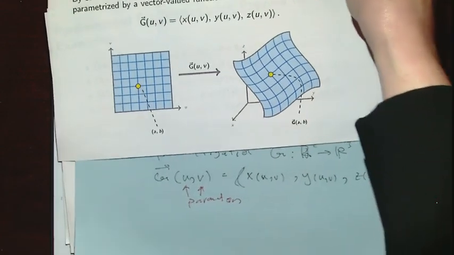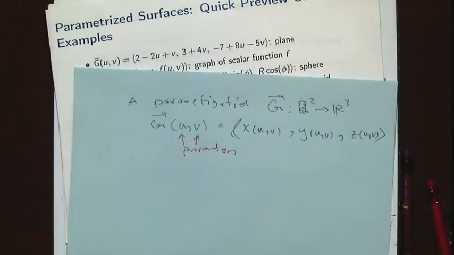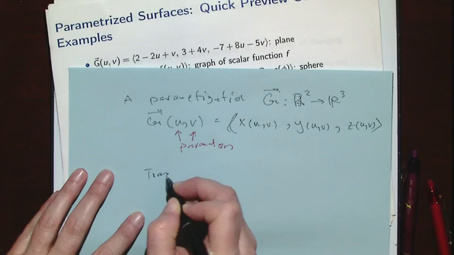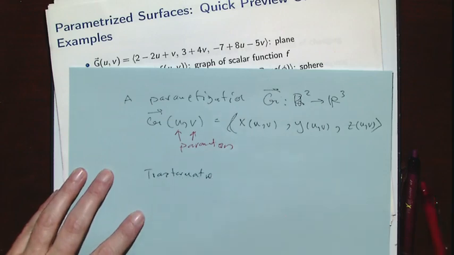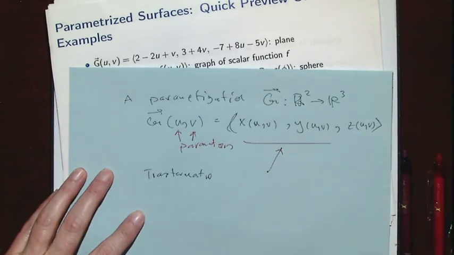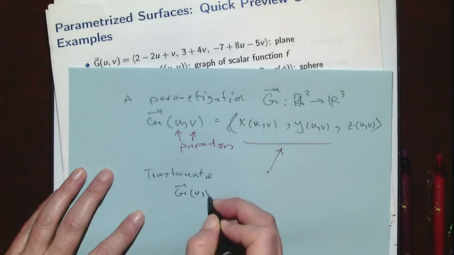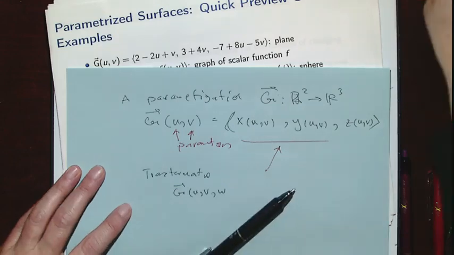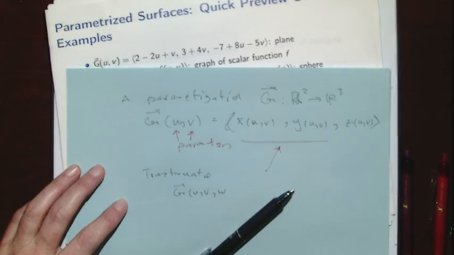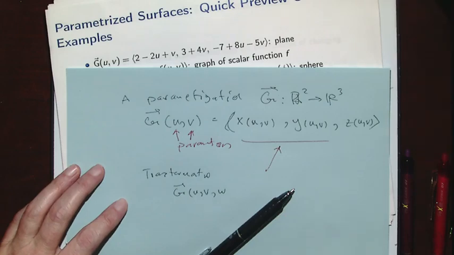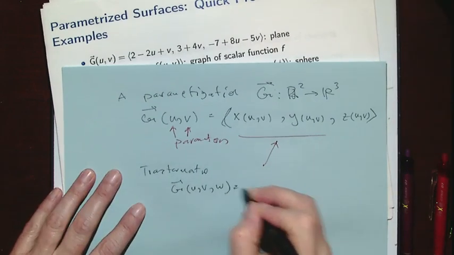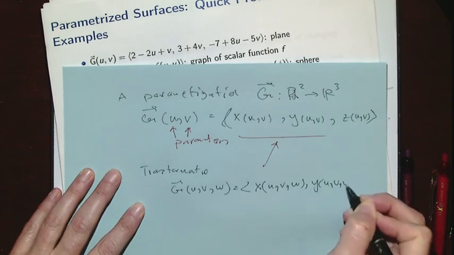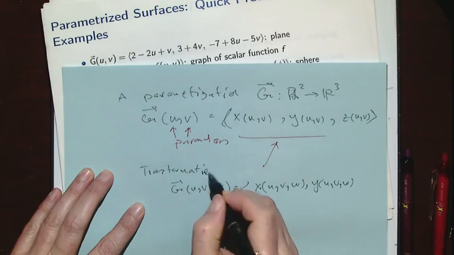Do you guys remember what transformation was for this? So in transformations, if I had three items there, I would have G of U and V. This was the transformation, right?